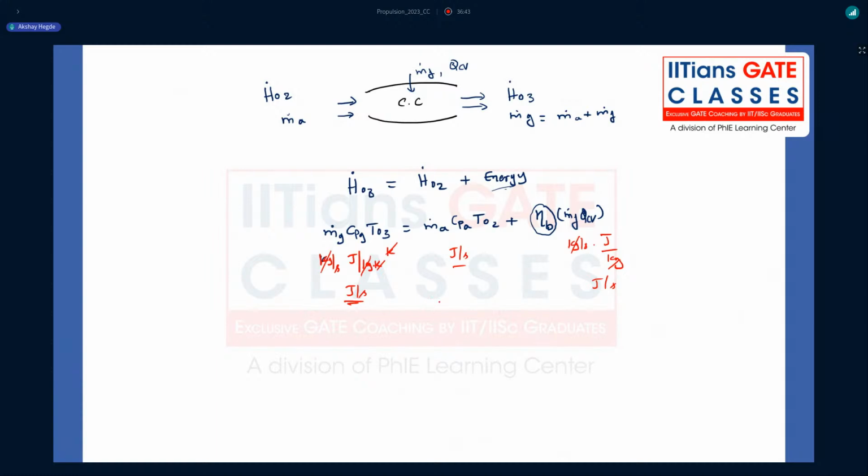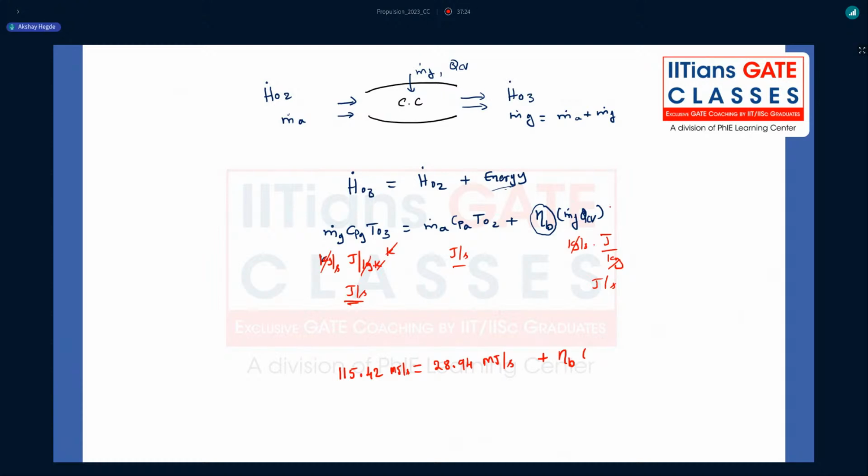So what is given? The rate of enthalpy at which the flow is entering, that is 28.94 megajoules per second, and the rate at which enthalpy is exiting from the combustion chamber, that is 115.42 megajoules per second, plus efficiency, that is unknown.